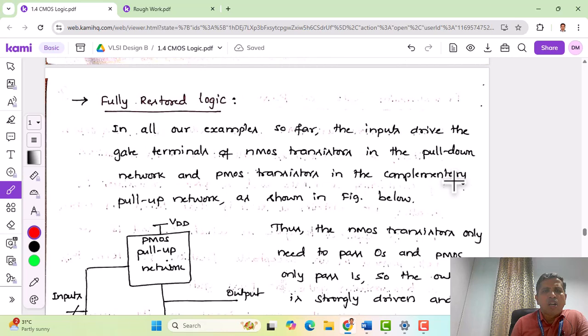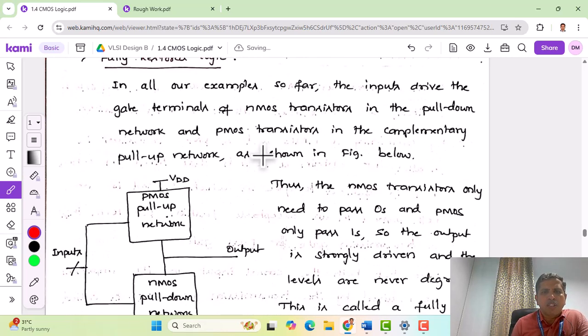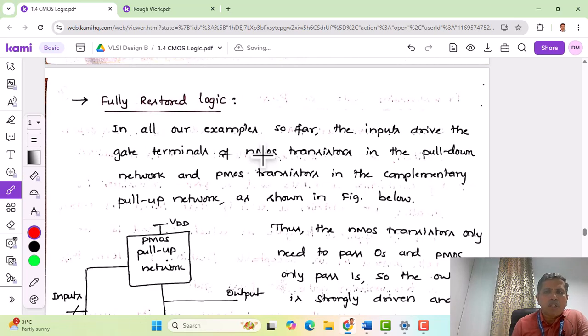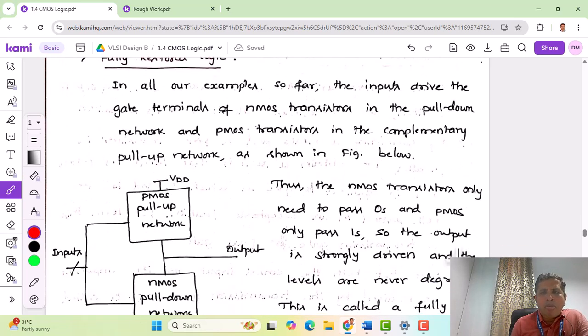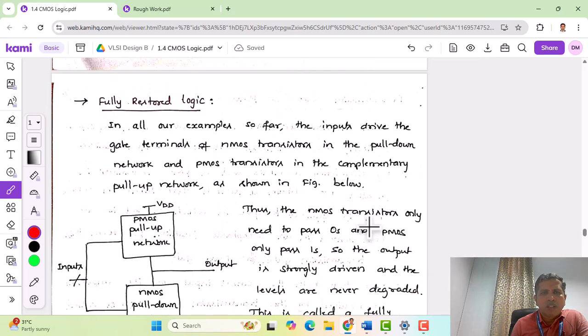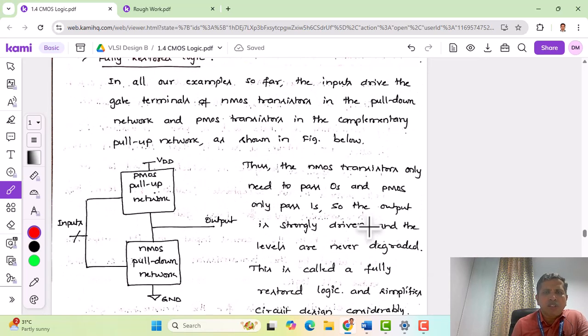Now let us see why fully restored logic is used. Fully restored logic is just like what we have seen in CMOS. In all our CMOS examples, the input is driving the gate terminals of NMOS transistors in the pull-down network. In the pull-down network, NMOS transistors drive the output, whereas in the complementary pull-up network, the PMOS transistors drive the output.